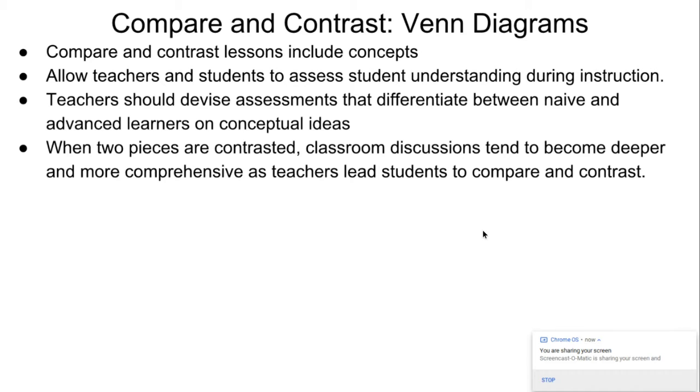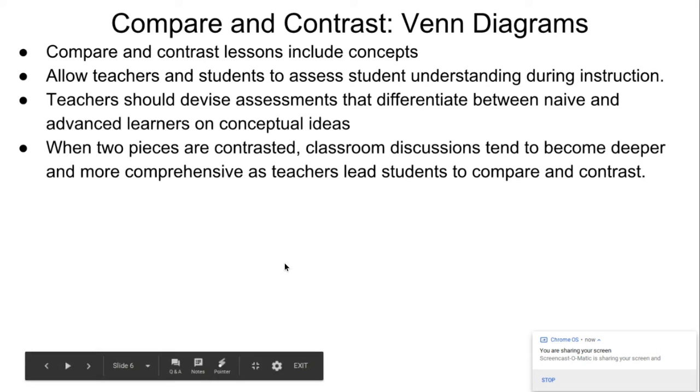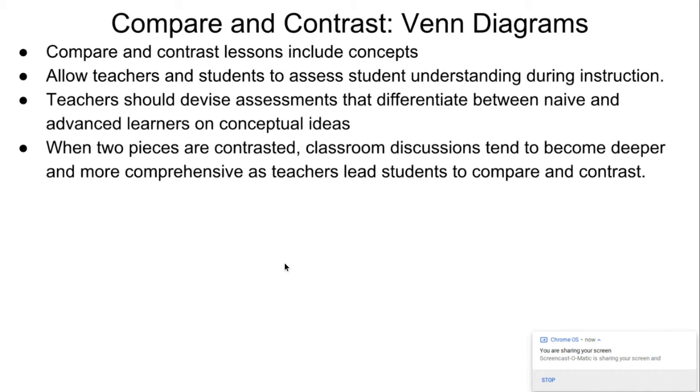Lastly, when two pieces are contrasted, classroom discussions tend to become deeper and more comprehensive as teachers lead students to compare and contrast. As you all know, compare and contrast is a part of higher order thinking. When you have a concept that you would like to test through higher order reasoning skills, you could use a compare and contrast Venn diagram to assist with this process.